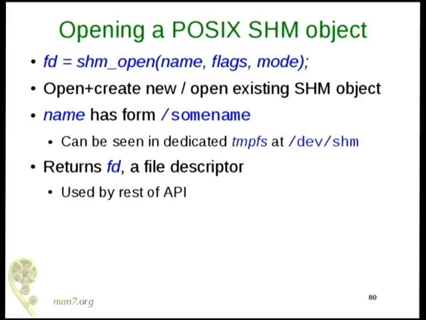That will open an existing object, or open and create a new object. The name looks just like the POSIX semaphores. You say slash some name. You can see that name in a dedicated temp file system at /dev/shm. You get back a file descriptor that you use in the rest of the API.